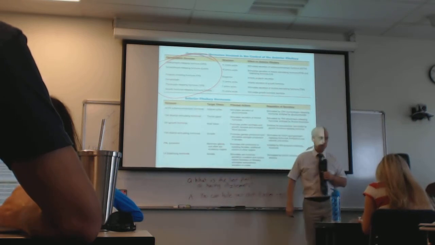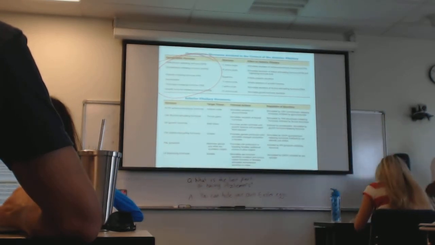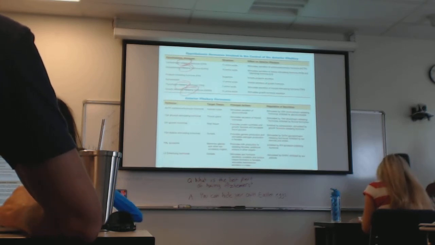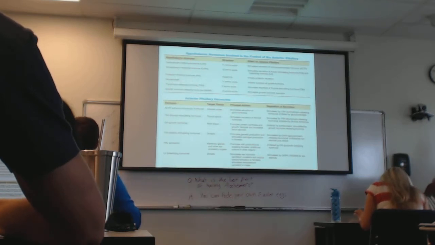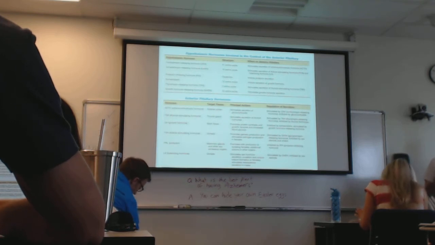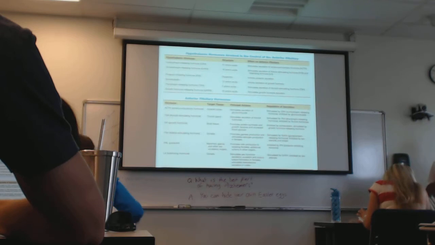Now, look at those hypothalamic hormones. What do most of them have in their name? Yeah, so there's your tip-off. If the hormone has in its abbreviation an R, it almost certainly is a hypothalamic releasing hormone. Is it another name for somatostatin, GH? Yeah, we'll talk about that. We've got to sort through that terminology later.